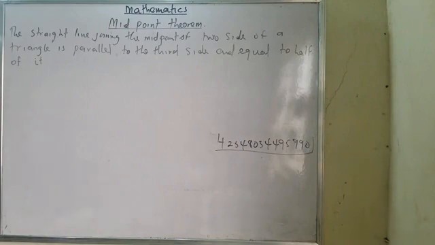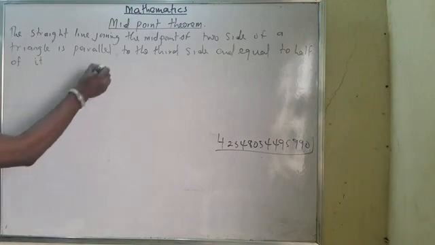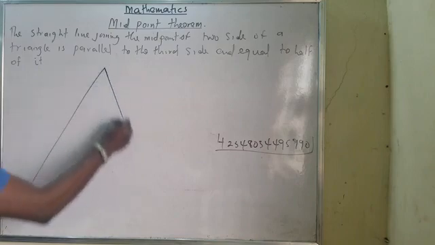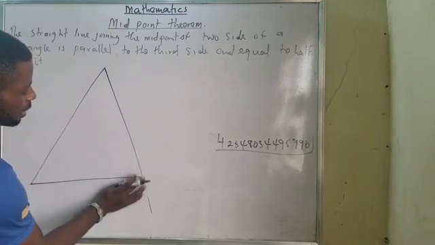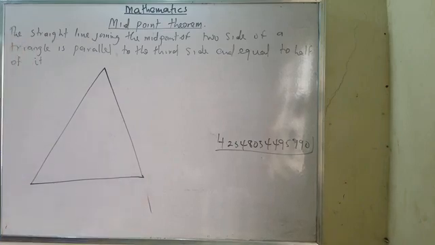What we are trying to say here is that you have a triangle. Let's assume you put Q, P, and let me pick PQ.